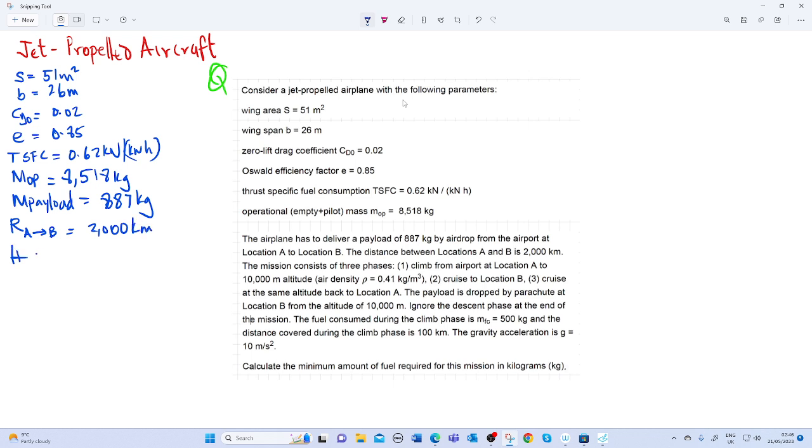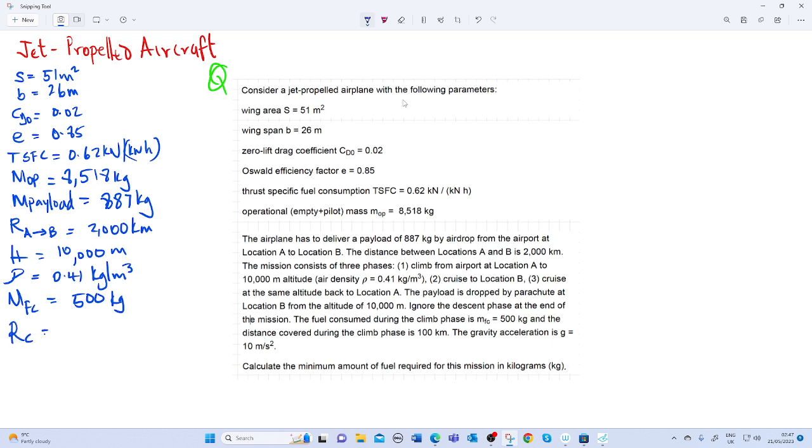We have the altitude, 10,000 meters, which is above sea level. We have the density at 10,000 meter altitude, which equals 0.41 kilograms per cubic meter. We have the mass of fuel consumed during the climb, which is 500 kilograms.